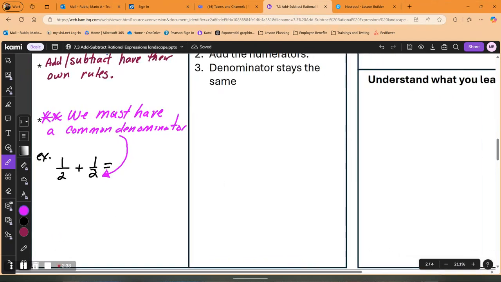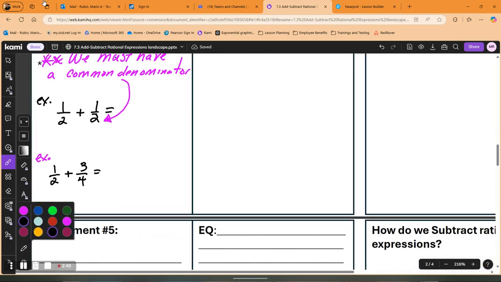If they do not have the same denominator, then we have to find a common denominator. We can still add them, but we need to find the common denominator first.